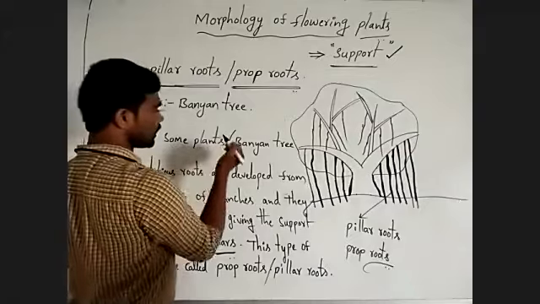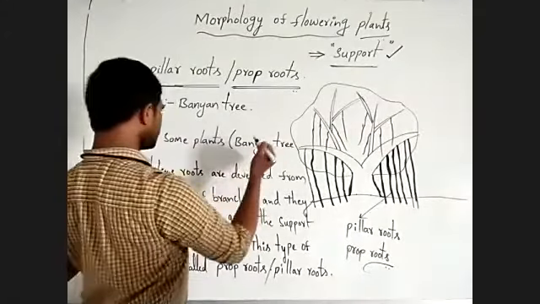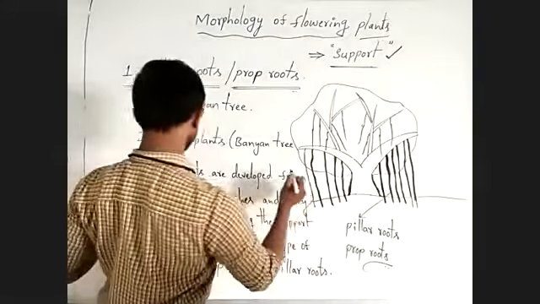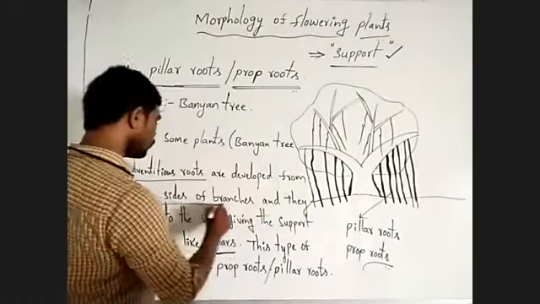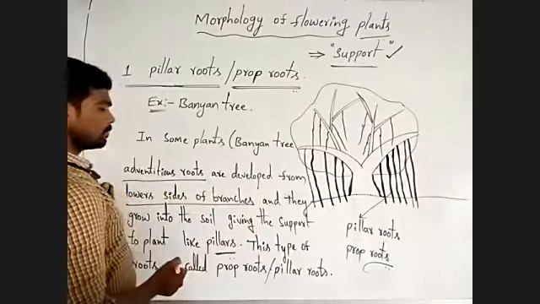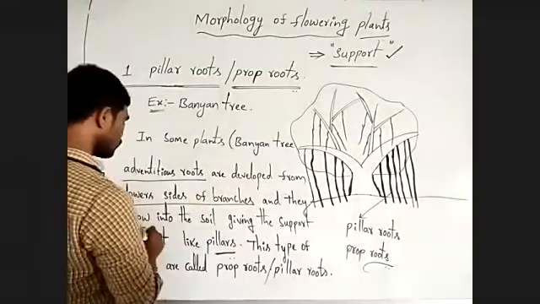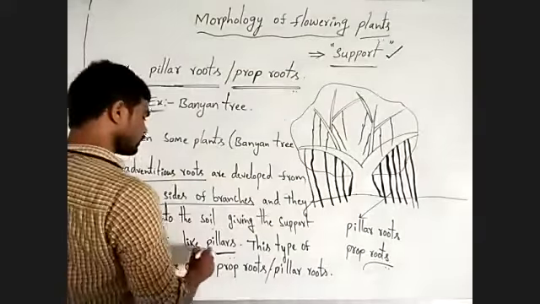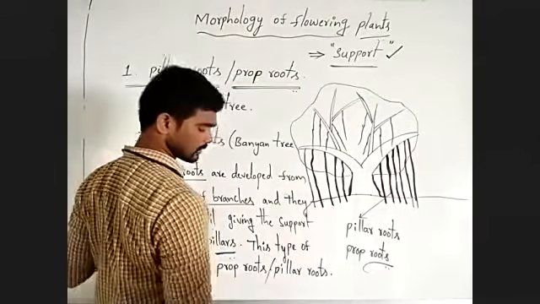In some plants, like banyan tree, adventitious roots are developed from the lower sides of branches and they grow into the soil, giving the support to plant like pillars.